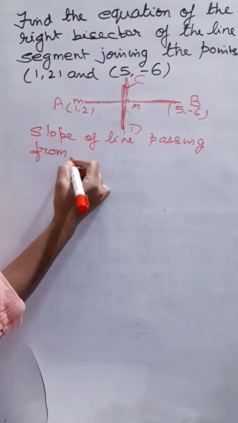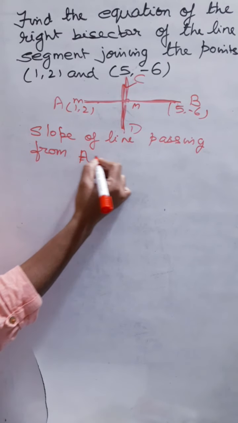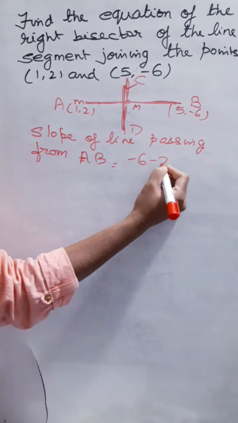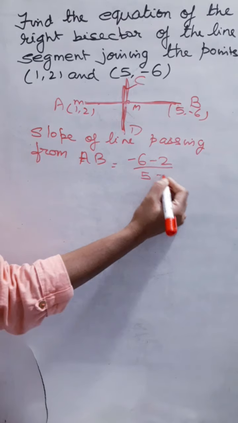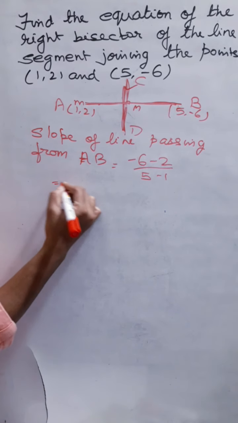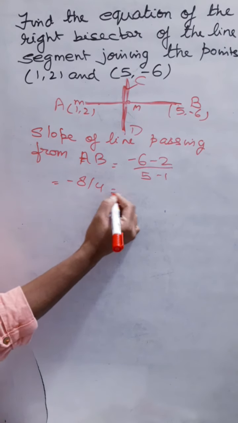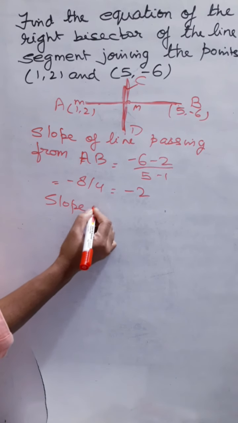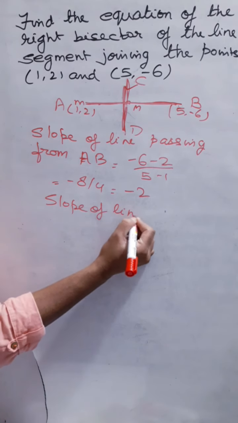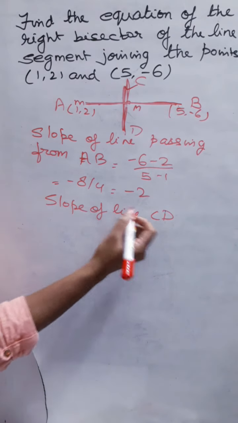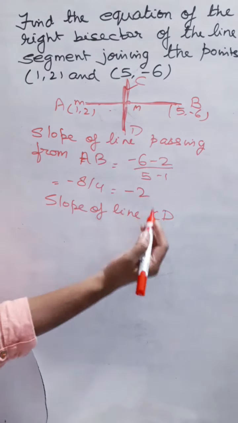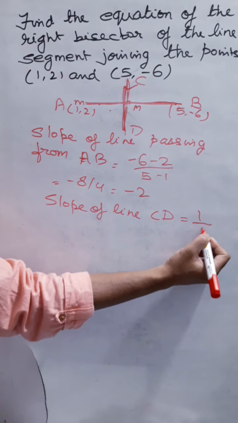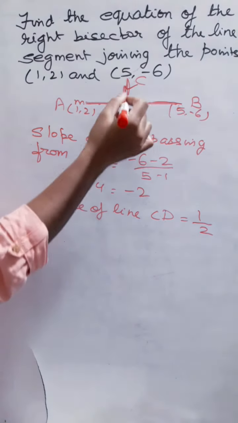So here the slope of line AB is (-6 - 2) over (5 - 1), which is -8 by 4, which is -2. So the slope of line CD, because these two are perpendicular, will be the negative reciprocal. I will change the sign and flip it. So the slope of the line CD is 1/2.